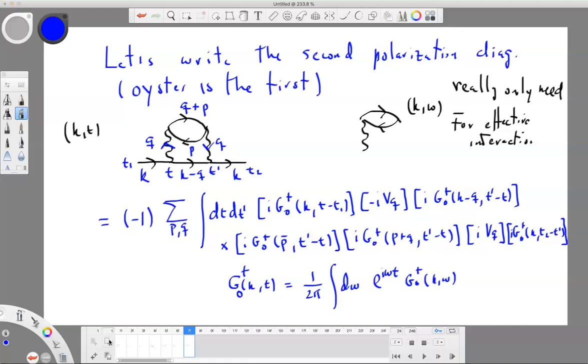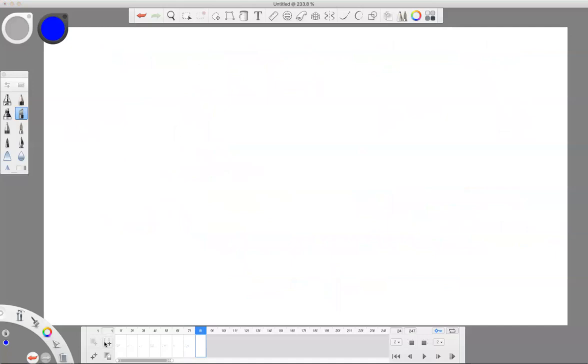I'm not going to do all that substitution because that's lots of algebra that you know how to do. But I'm going to write an intermediate step so you can follow. So we write again the sum over Q's and P's. And then we have how many frequency integrals here?